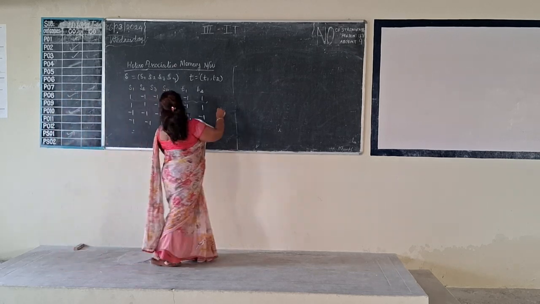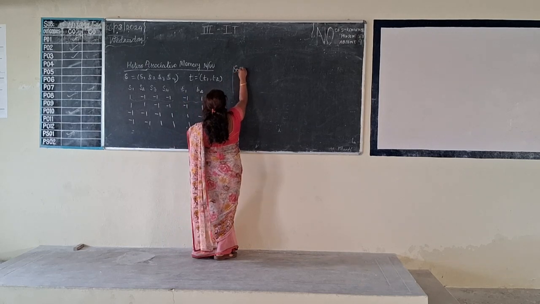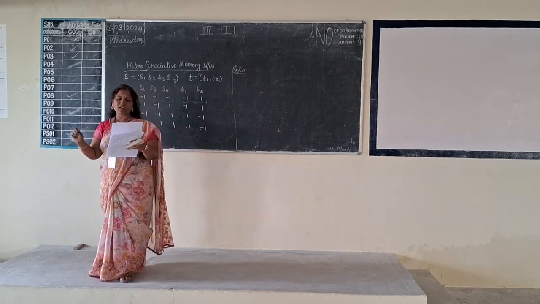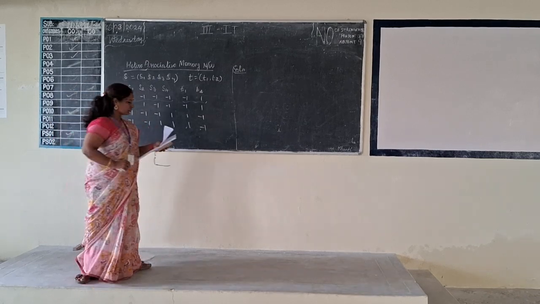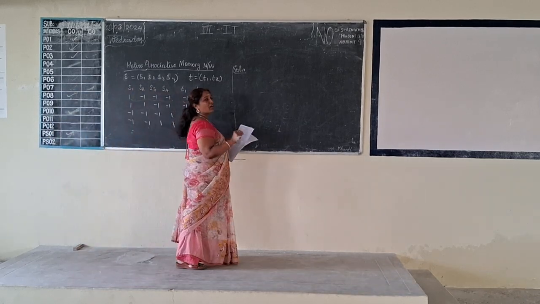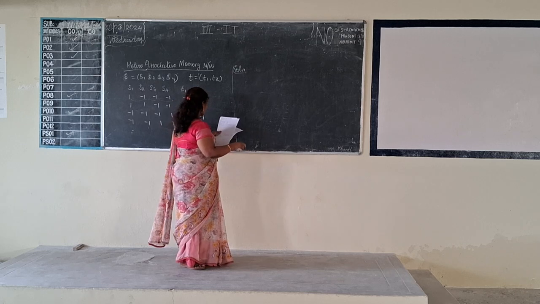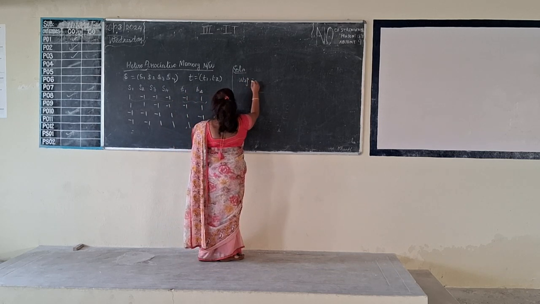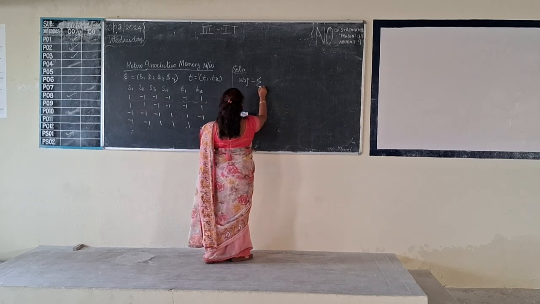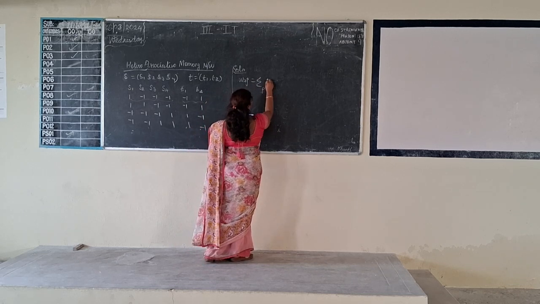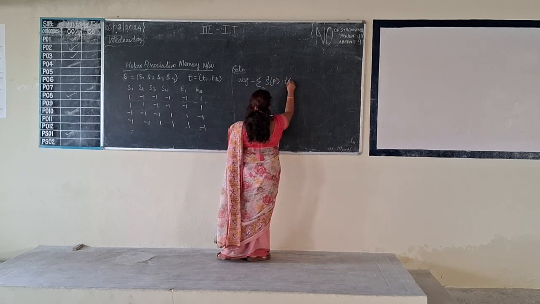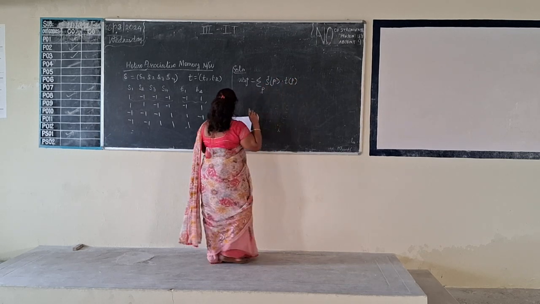So now we are going to solve this. The solution to store the bipolar vector pair: the weight matrix is the sum of the transpose of S(p) into T(p).